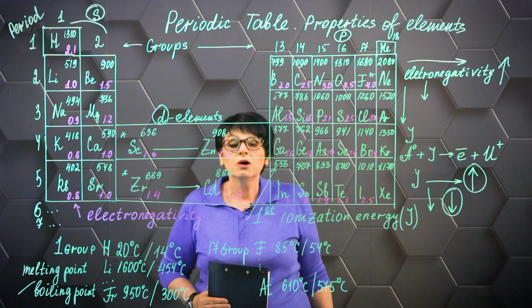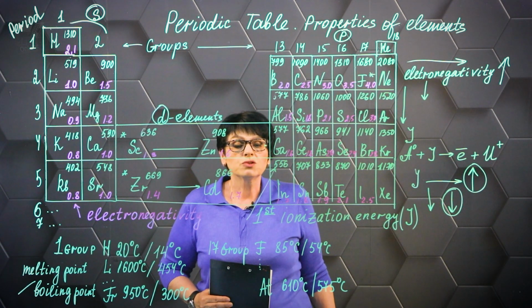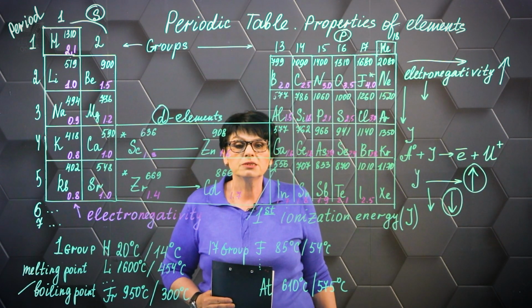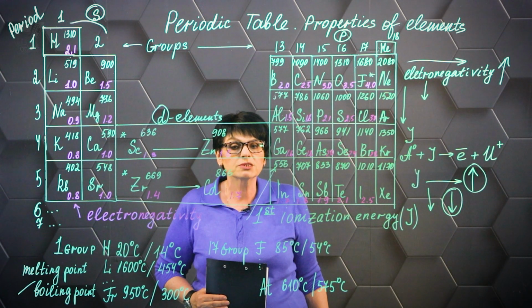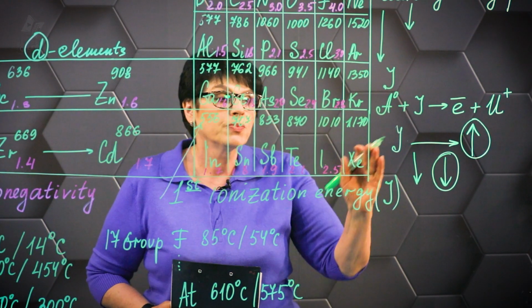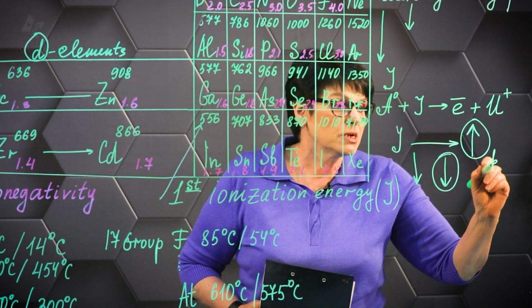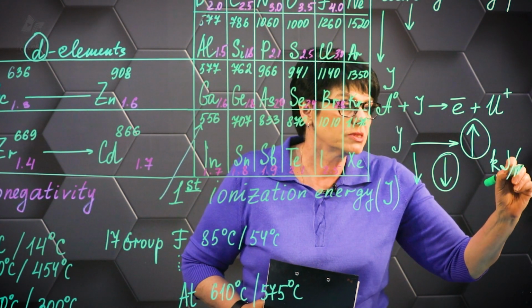But I'd like to say that the first electron breaks away, as a rule, with a little bit of energy. The second, third, and fourth electrons break off with much higher values. And I would also add from myself that the ionization energy is usually measured in kilojoules per mole.